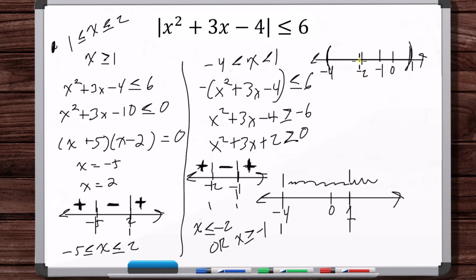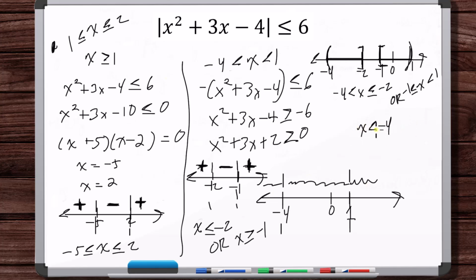Now x can be less than or equal to minus 2, and there's solutions, or x can be greater than or equal to minus 1, so there's solutions. This is an or criteria. We don't need to have all three of these at the same time. It's this or this and then this. So it's this or that. Okay, now the last thing we need to do is x is less than minus 4.